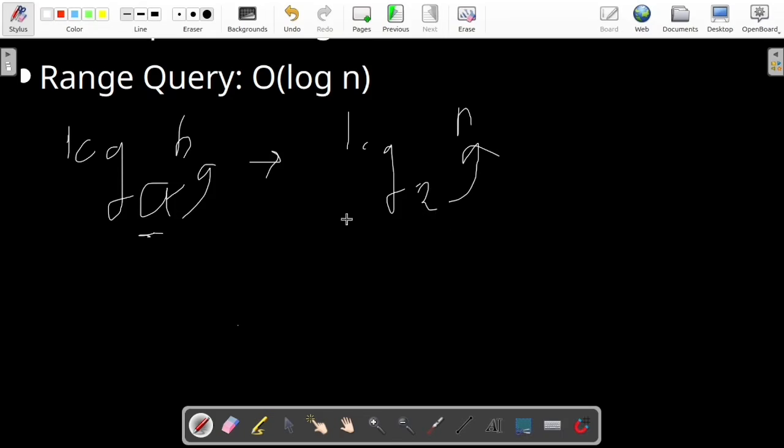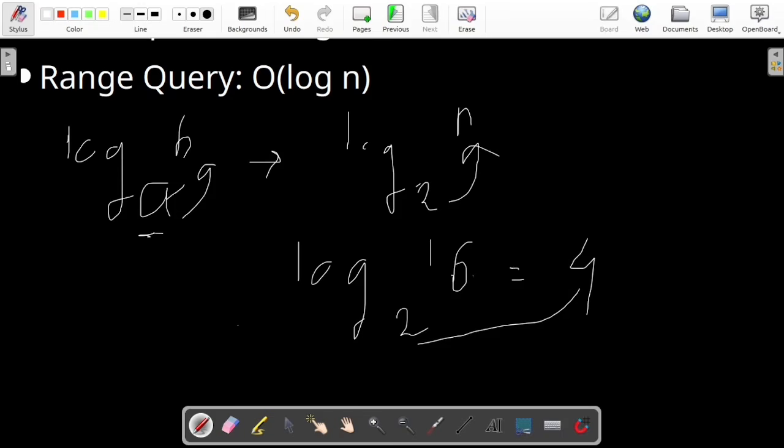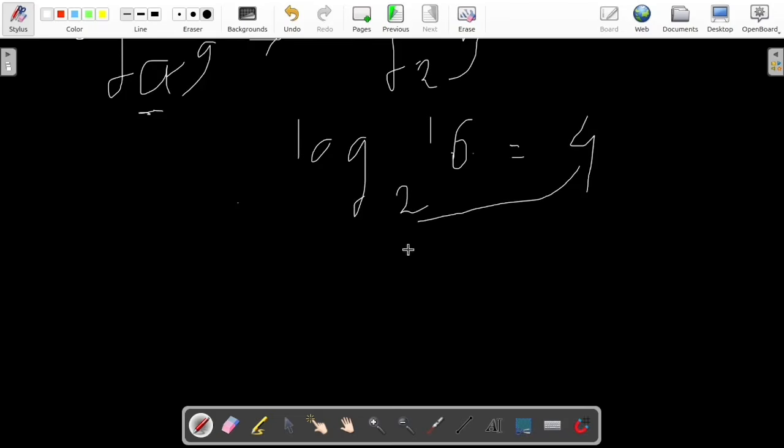Okay, so now tell me what this denotes: log of 16. As we know, 2 to the power 4 is 16. It means we need 4 powers of 2 to reach 16. Can I say it like this?